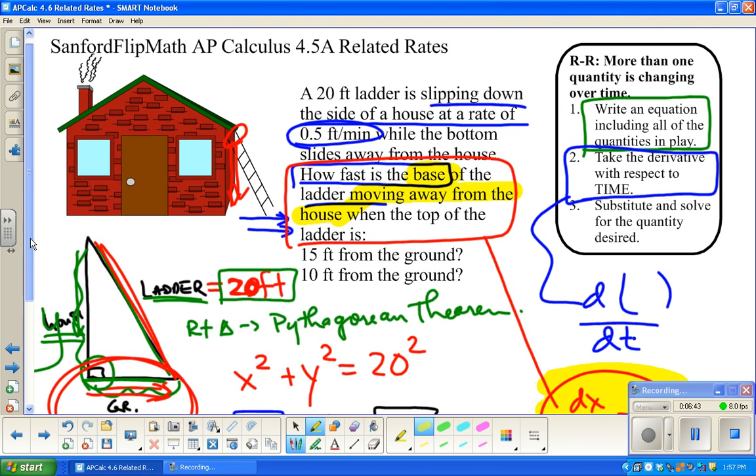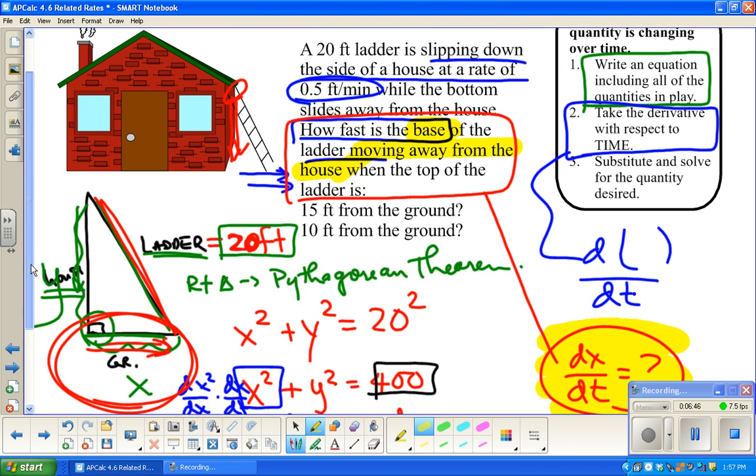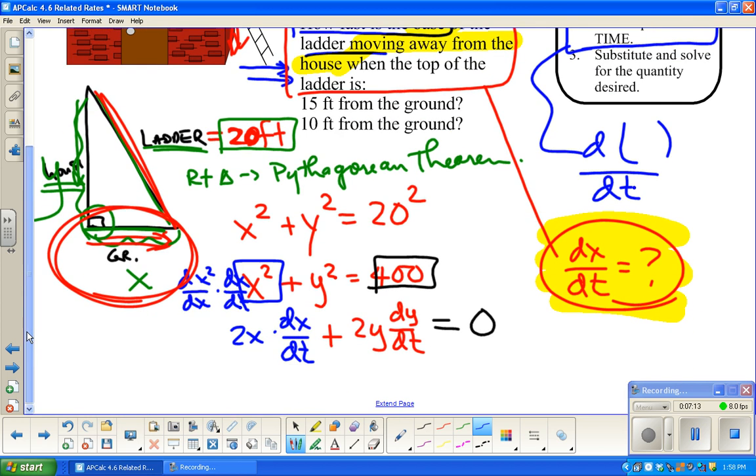Okay, now one other thing to note here is it's sliding down the house, slipping down the house at a rate of 0.5 feet per minute. So the question is, what's that? Well, that's the rate of change vertically. So that is actually dy dx, or I'm sorry, dy dt. Rate of change of y with respect to time. Okay, so quick little note.